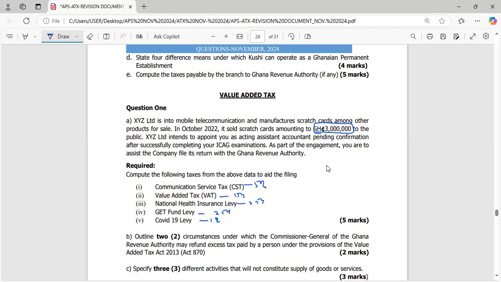Okay. So this one, the first. Please, is it Nathaniel? You are saying you have to calculate your VAT 15% on it. You less it before you calculate your communication service tax, NHIL. Yes.